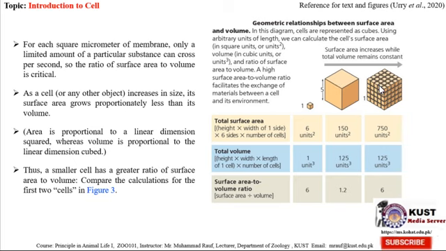So the body is made up of smaller cells, because the smaller cells can perform their function efficiently as compared to larger cells, and they can interact with the extracellular environment efficiently as compared to larger cells.